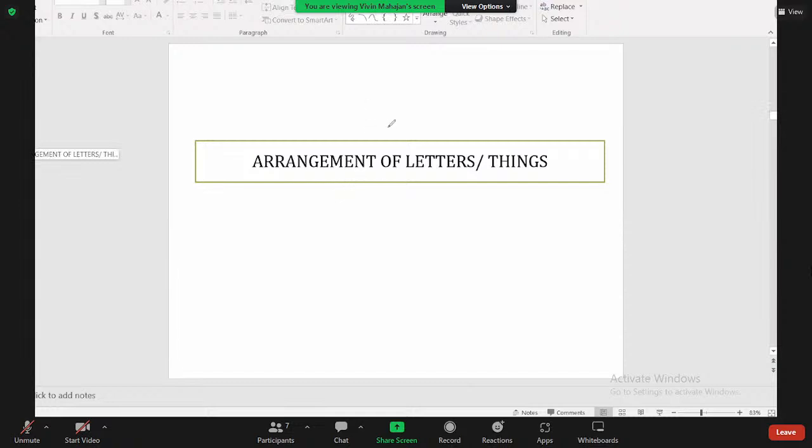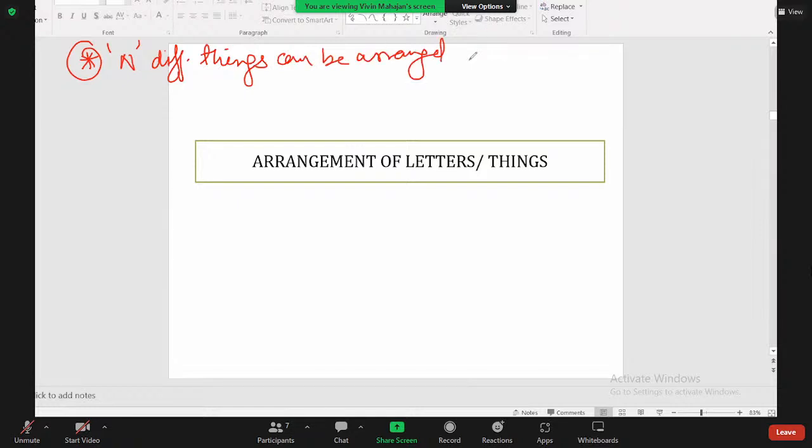Now the next idea is arrangement of letters or things. Herein we'll be simply using a particular formula to relate the idea altogether. Simply remember, n different things can be arranged on a straight line in n factorial ways.